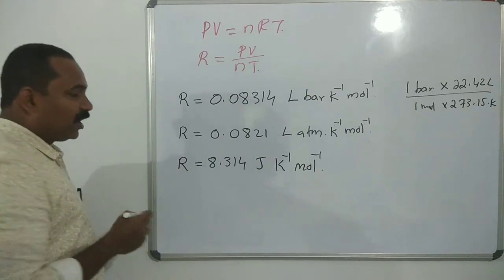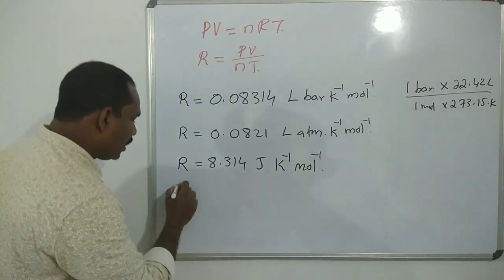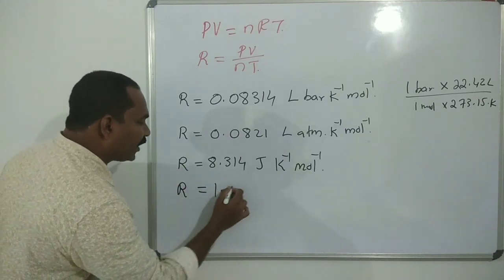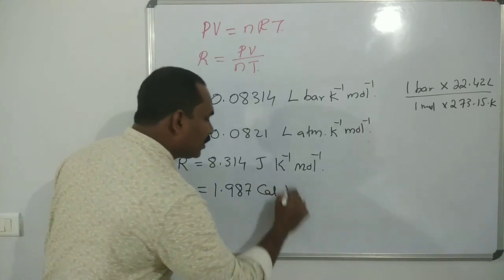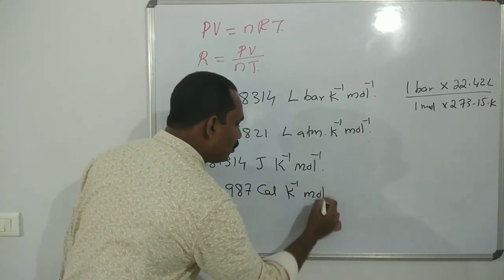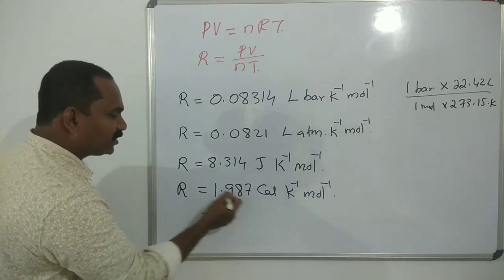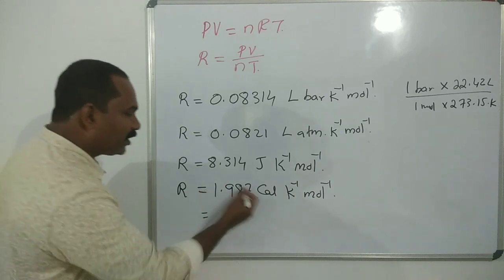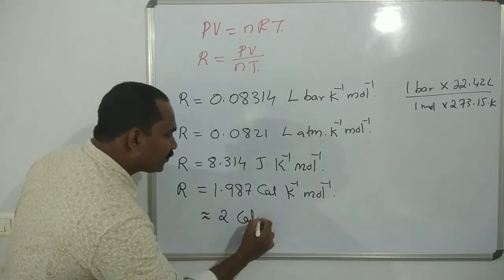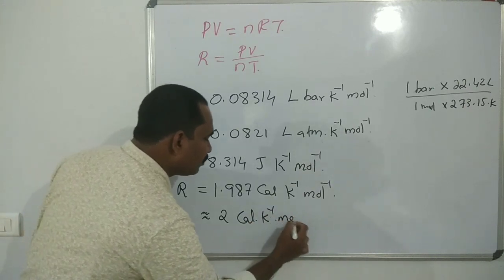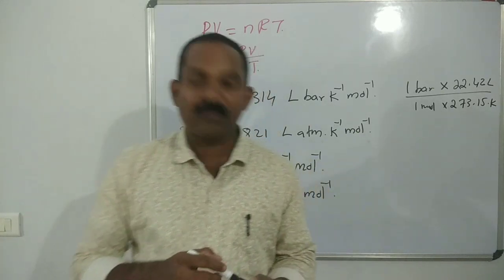And when the value is expressed in calories, R is equal to 1.987 calorie Kelvin inverse mole inverse. It is 1.99, approximately 2 calorie Kelvin inverse mole inverse.